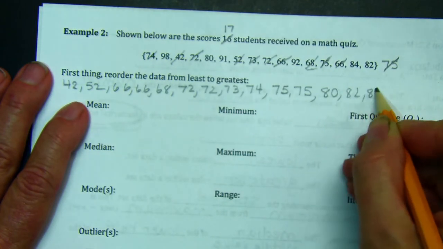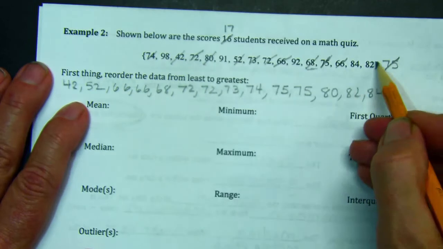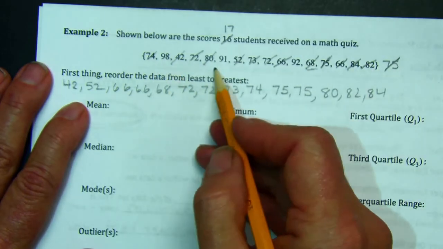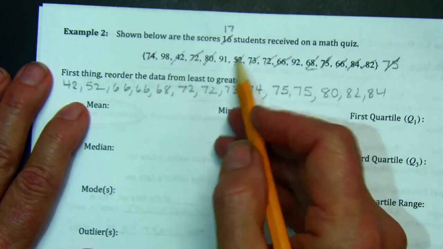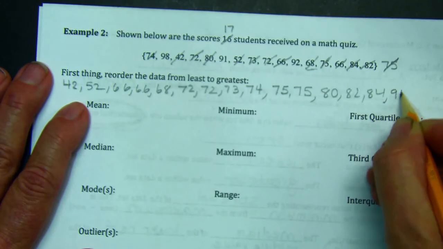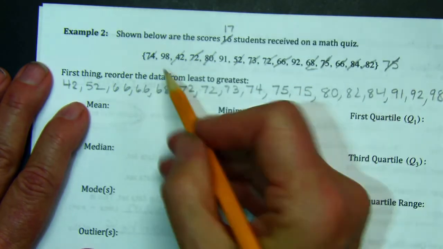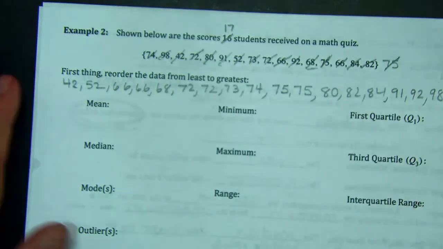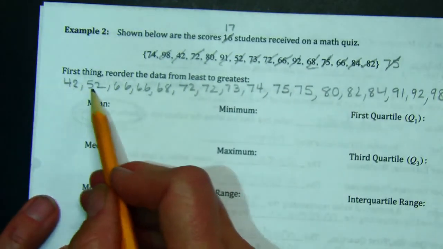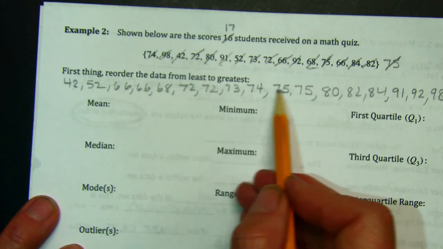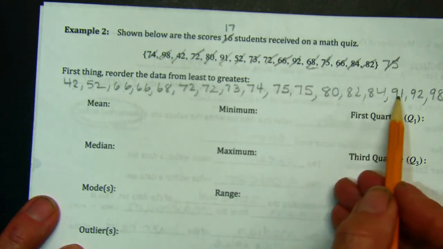Then 84. Then 91. 92 and 98. Okay, now I'm going to make sure I have 17 numbers listed there. Yep, I do.